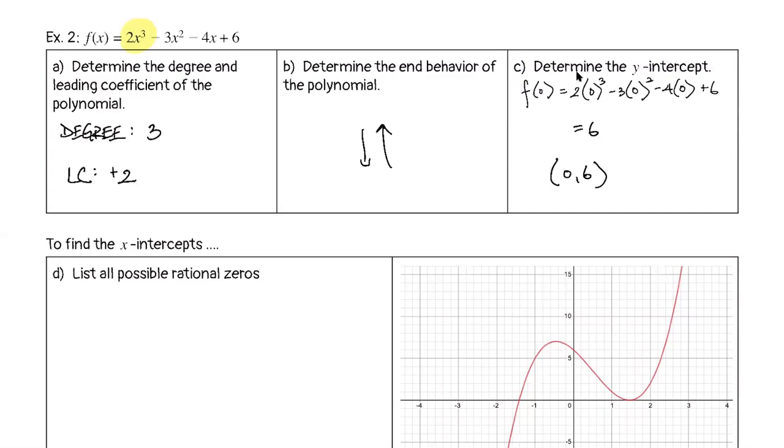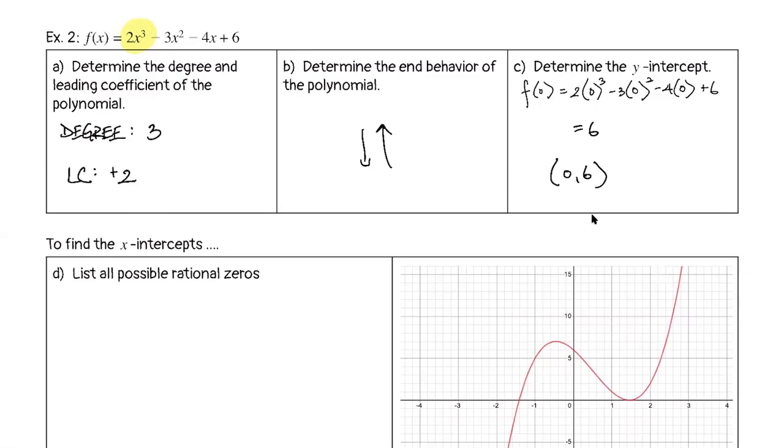Okay. Any questions on parts A, B, or C? Good. I hope these start to feel more comfortable for you, determining the degree, the leading coefficient, end behavior, and those y-intercepts, okay?